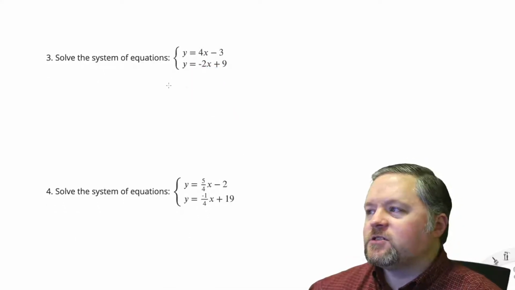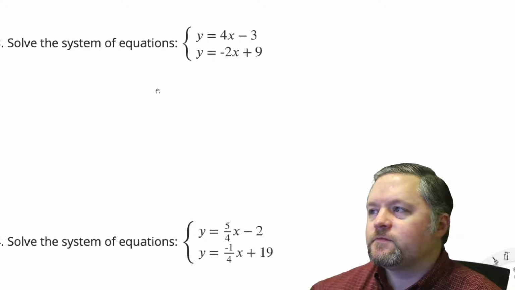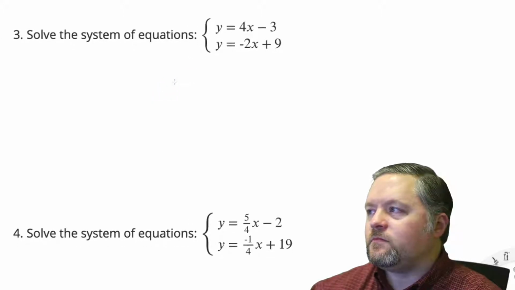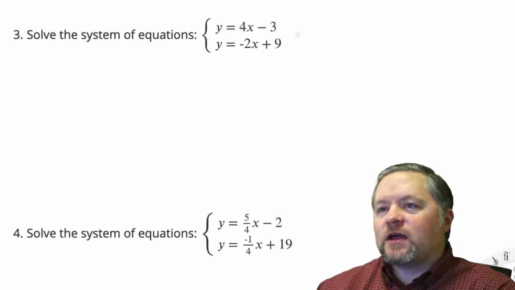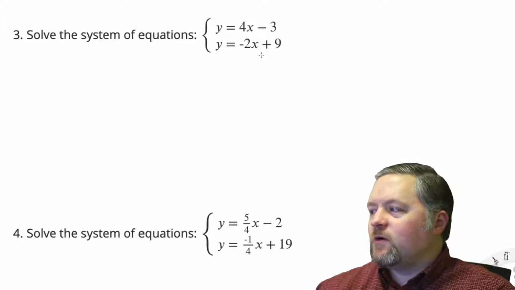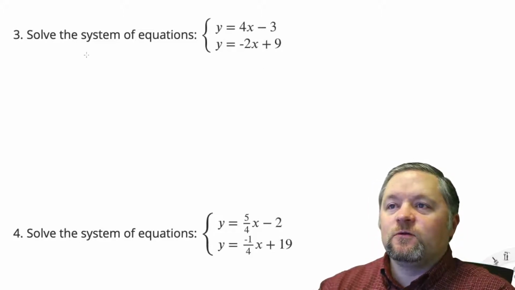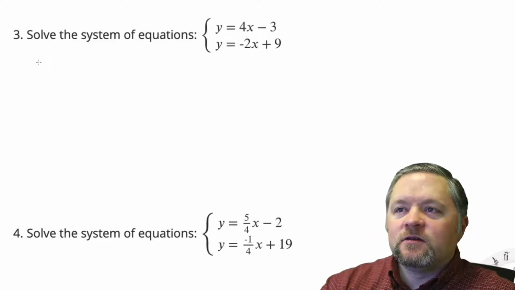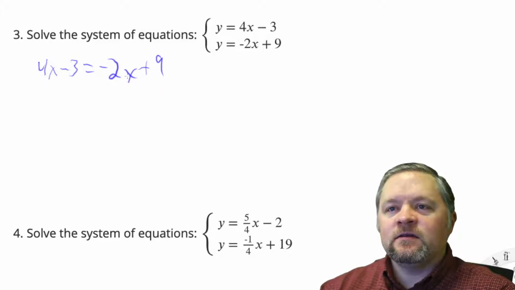Question 3, solve the system of equations. Okay, if y equals 4x subtract 3 and y equals negative 2x plus 9, how do we find where both of these are true? Well, we set them equal to each other. So 4x minus 3 equals negative 2x plus 9.